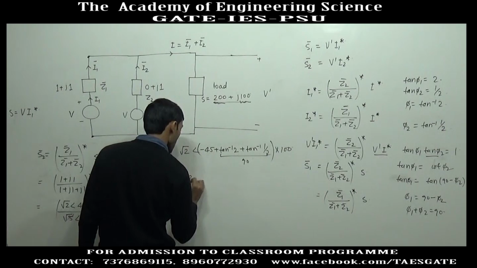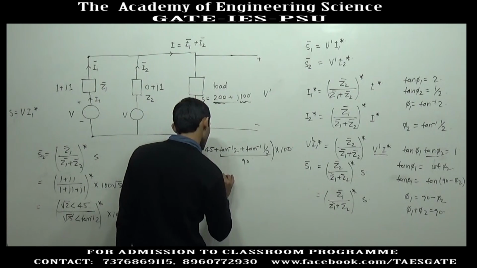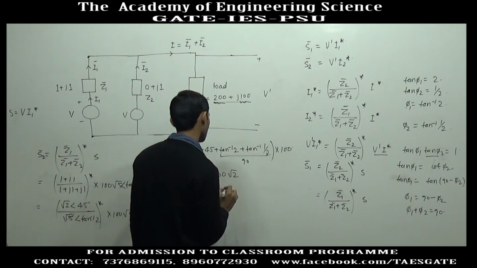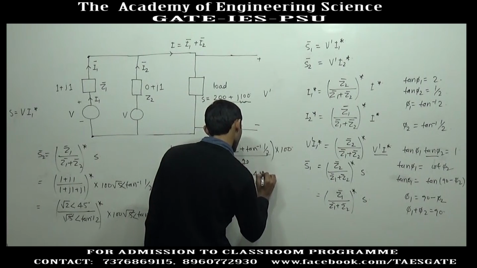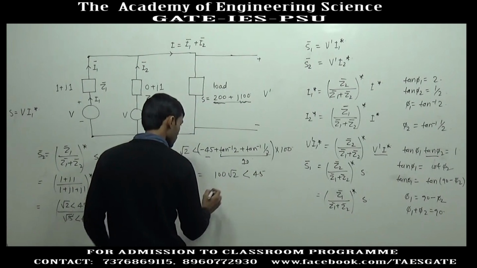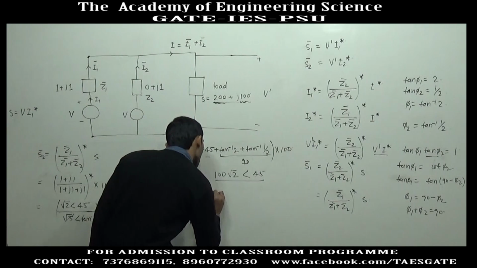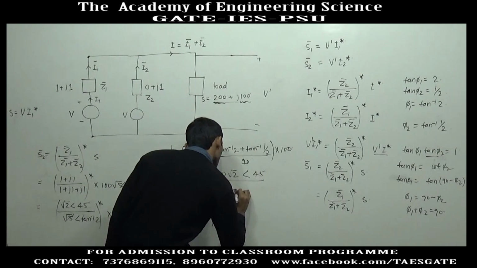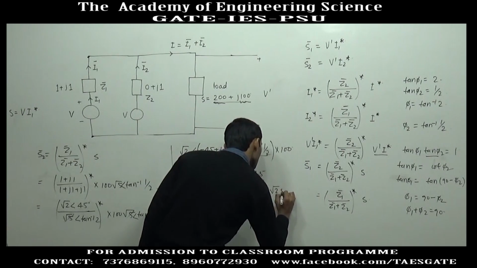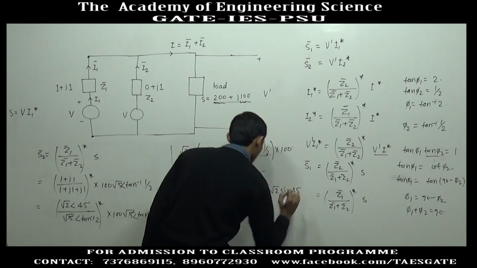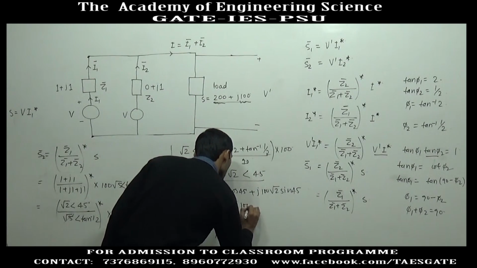So, the total apparent power contributed by generator 2 is equal to 100 root 2 angle 90 minus 45 plus 45 degrees. If we write in rectangular format, this will be 100 root 2 cos 45 degrees plus j100 root 2 sin 45 degrees. So, this will be 100 plus j100.